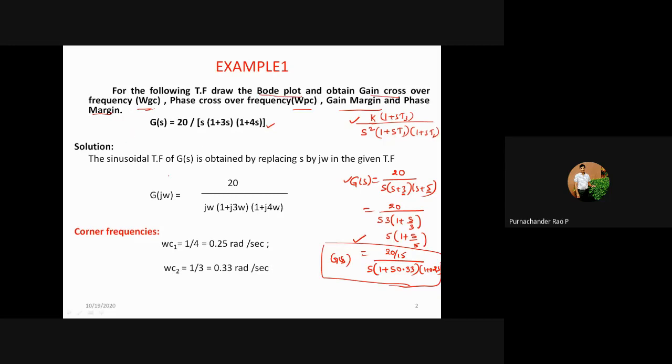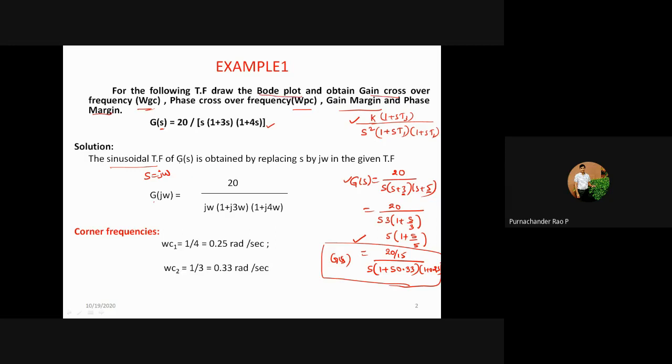take the sinusoidal transfer function by putting s is equal to j omega. So in terms of s, here we need to convert this into j omega. This is called the sinusoidal transfer function.